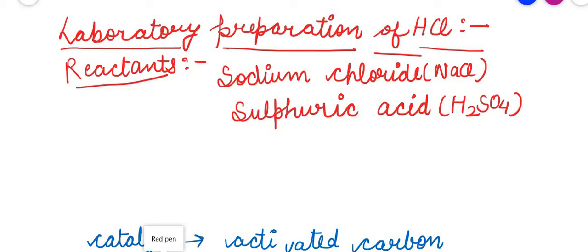Write this down. Okay, so in the laboratory method these are the reactants, and what the procedure and the experimental setup are, we need to learn.